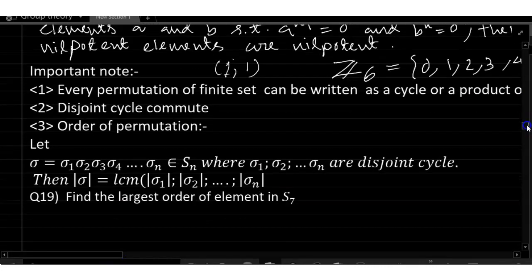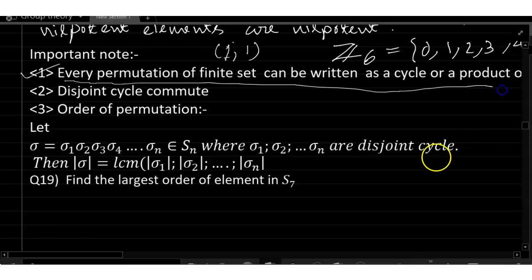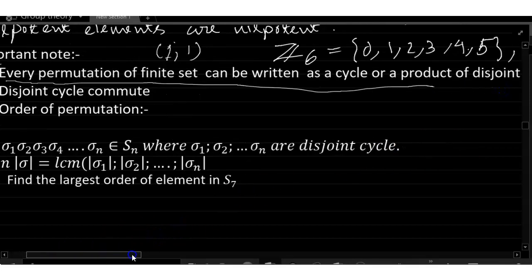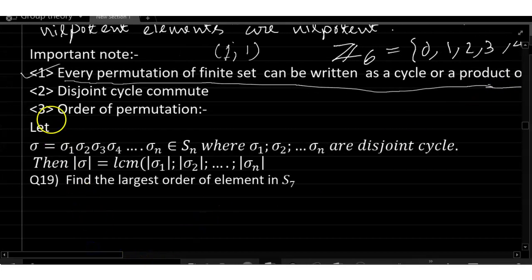Now we go to an important note. Every permutation of a finite set can be written as a cycle or a product of disjoint cycles, which commute.